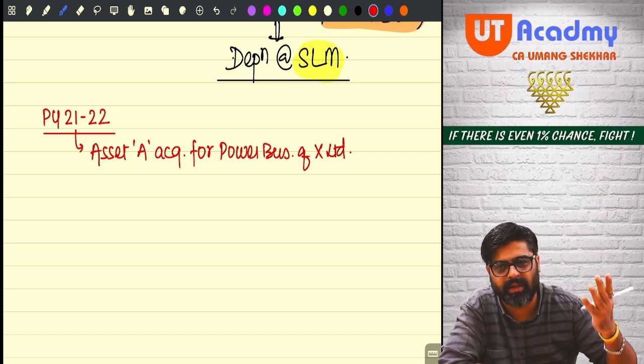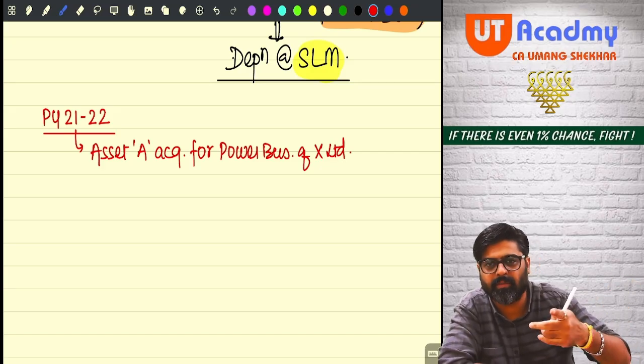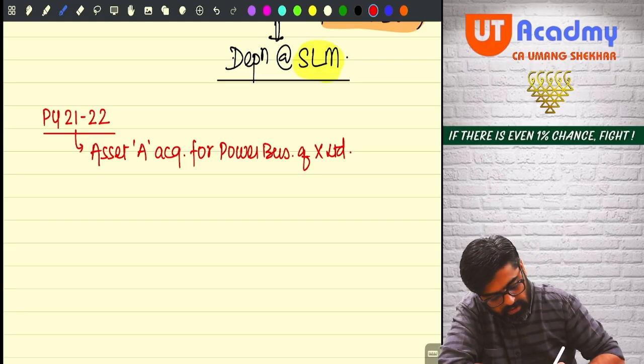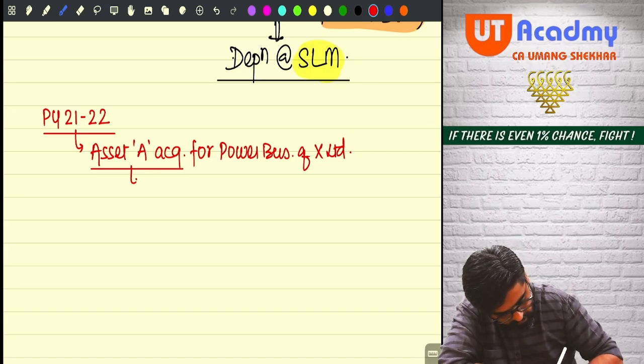X Limited is a company, the assessee. For the power business of X Limited, one asset A was acquired. Now, assuming that the actual cost of that asset was 100 lakhs.